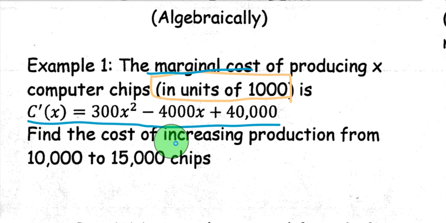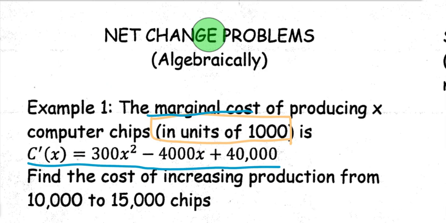So the reality is, again, we're going from the derivative to the original. So if we're looking at the cost of increasing production, really what we want to do is find the original function C, given this formula. And because we're going from one value to the other, we will be taking the definite integral. Remember that for net change, you just simply find the definite integral for your particular x values that you're given.